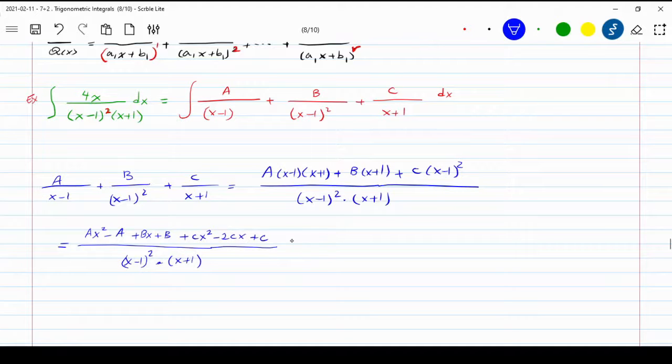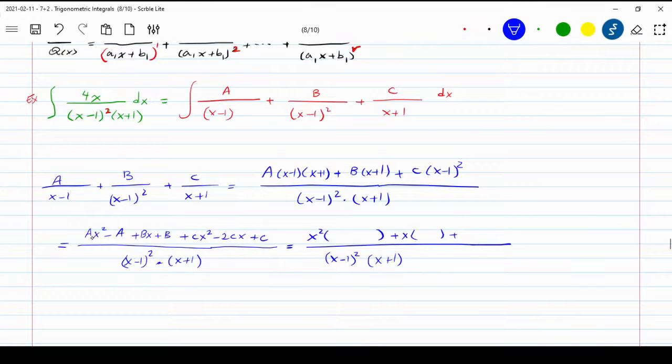And now, what if we compare this with the first fraction? First, you need to write them as factors. So what is the factor of x squared? What is the factor of x? And what are the leftover which are considered to be constants?